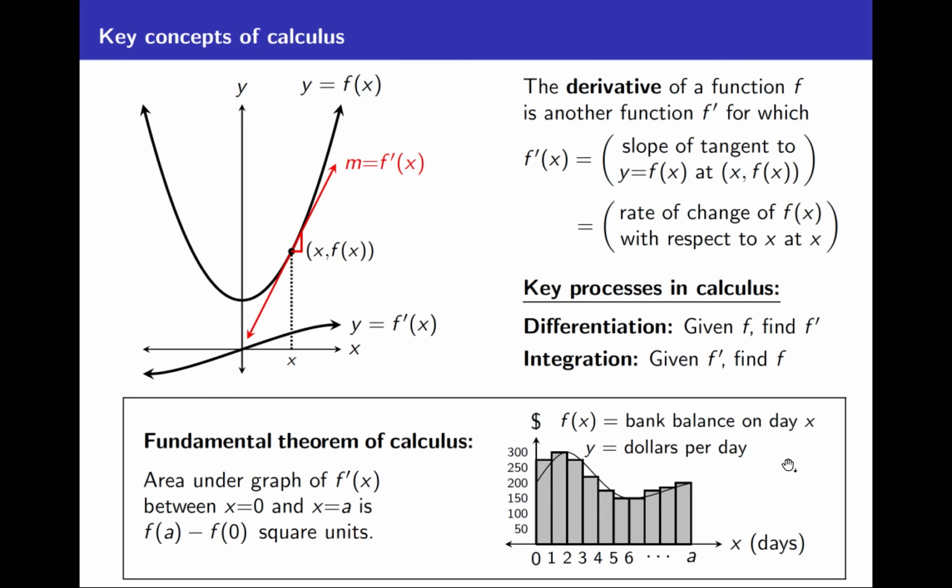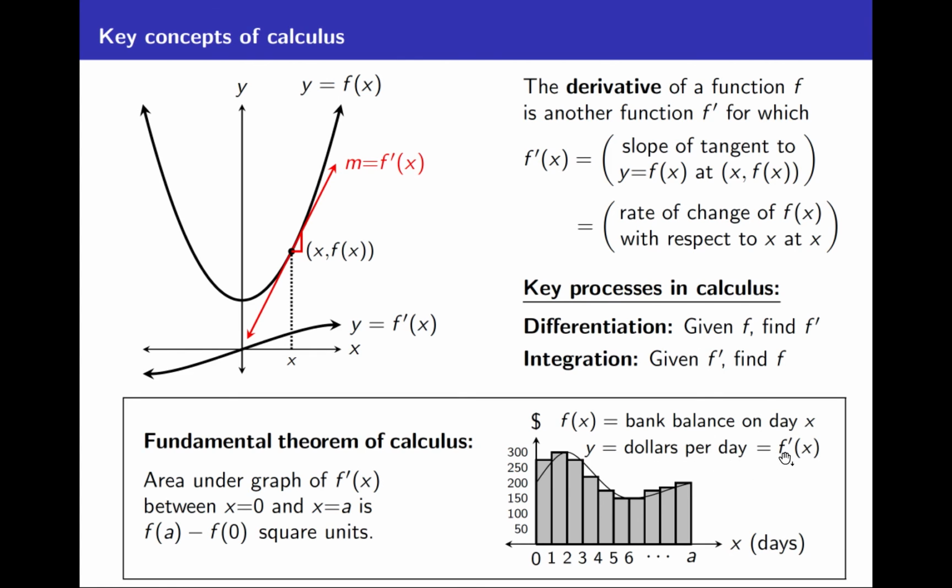Now, let's say that f of x is your bank balance on day x. So these dollars per day, that's the rate of change of your bank account. How many dollars per day are added into it each day? It's the rate of change of your bank account. So if f of x is the quantity, giving the amount in your bank account, then dollars per day is the rate of change of that quantity, which we have up here being the derivative f prime.